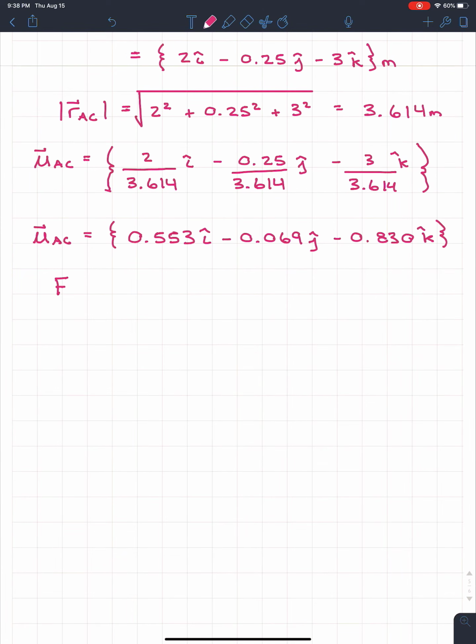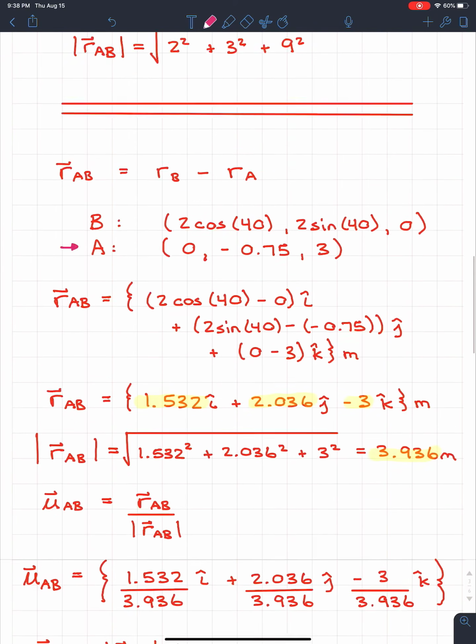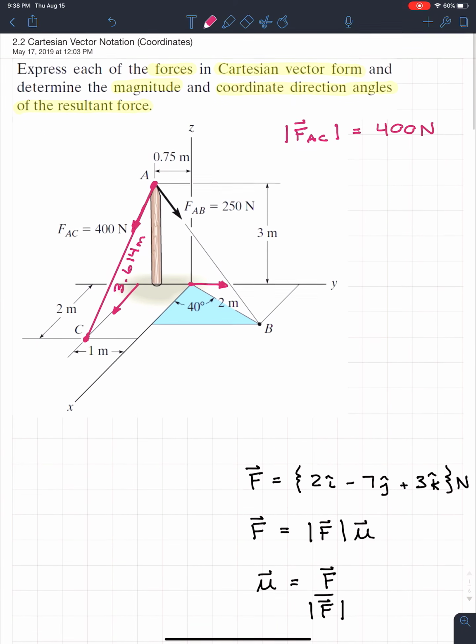So now we can find FAC. All right, FAC is equal to the magnitude of FAC times the unit vector from A to C. So in the end, we look at the magnitude, we just scroll up. FAC is 400 newtons.